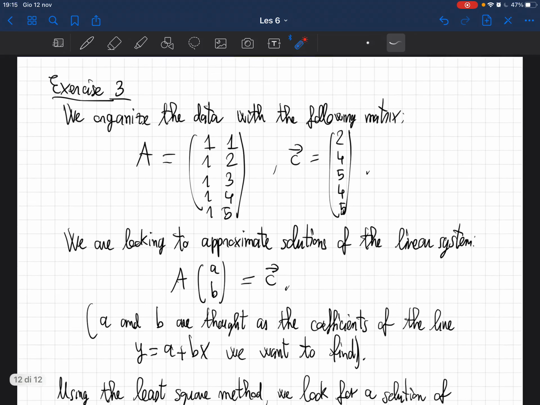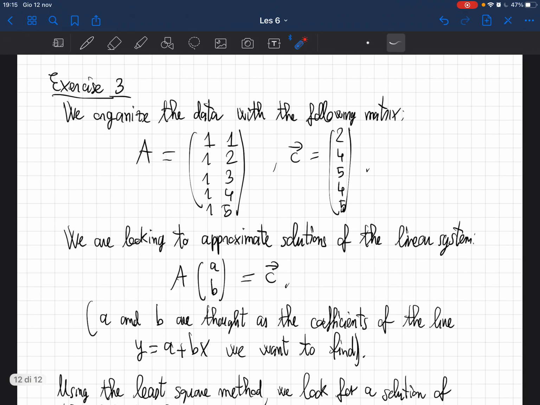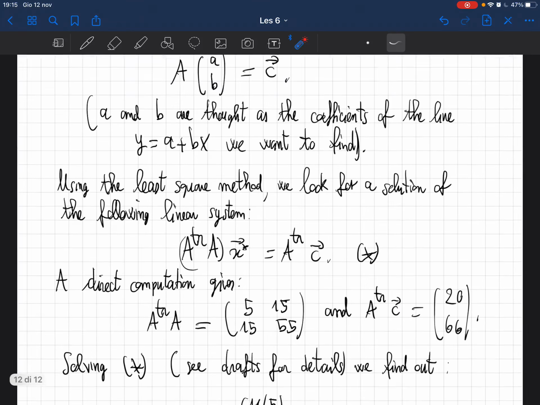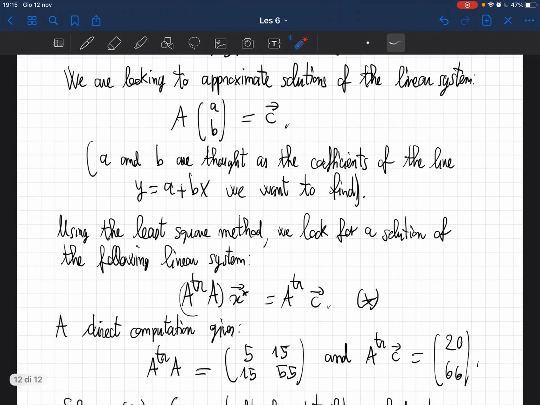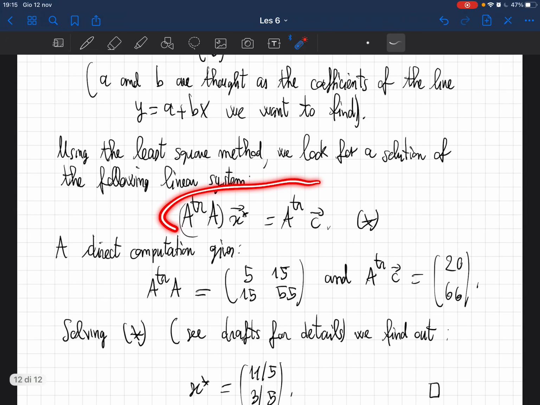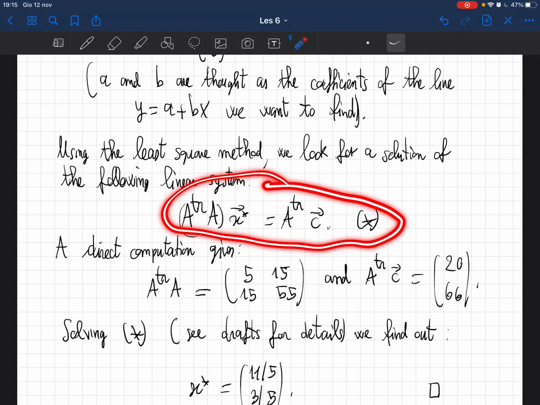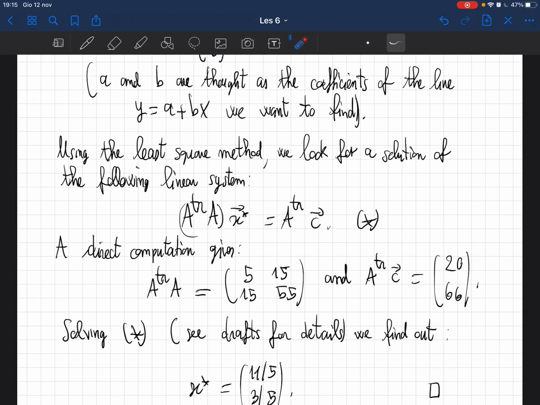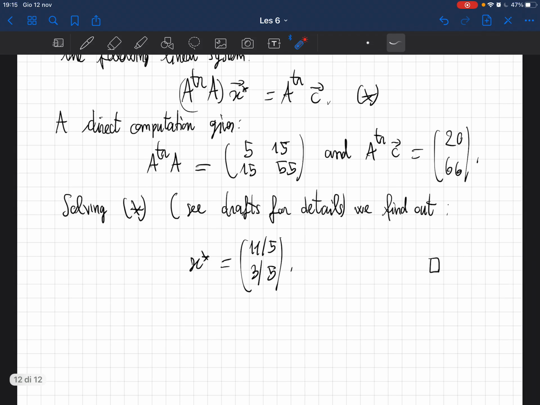Because, as I said, the crucial part of the exercise is not really this linear system. It's just recalling this and knowing that this is the correct thing to recall. Okay? So this is it.